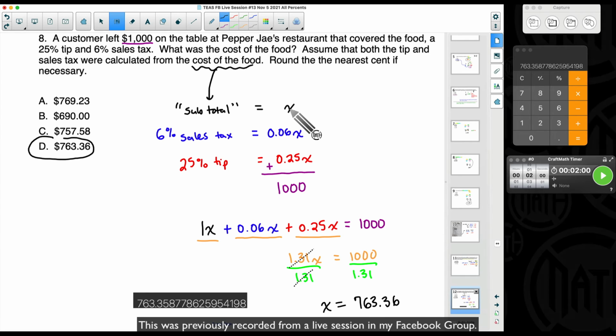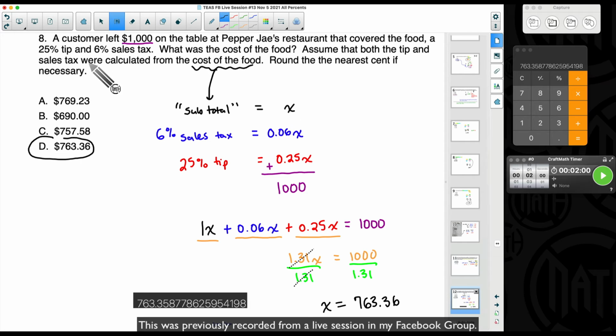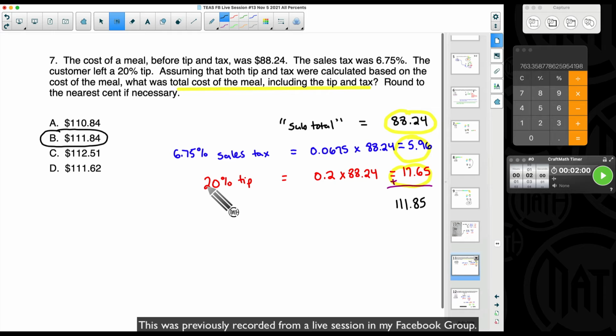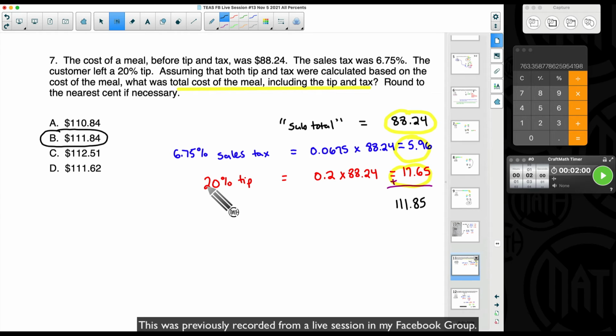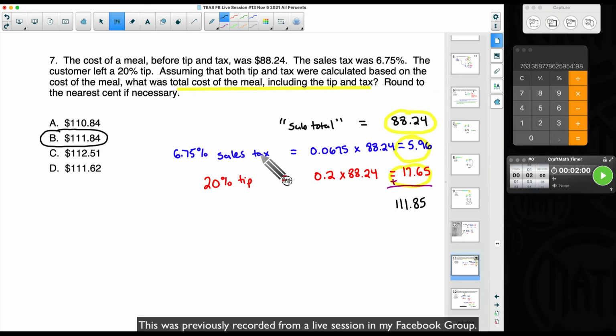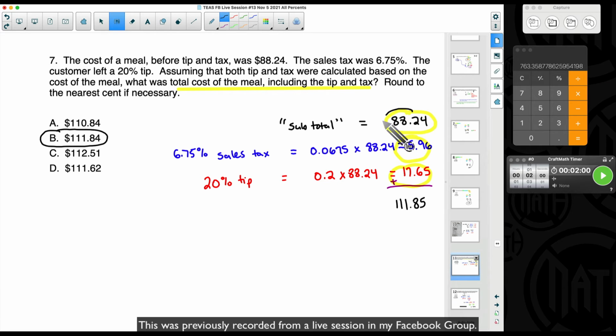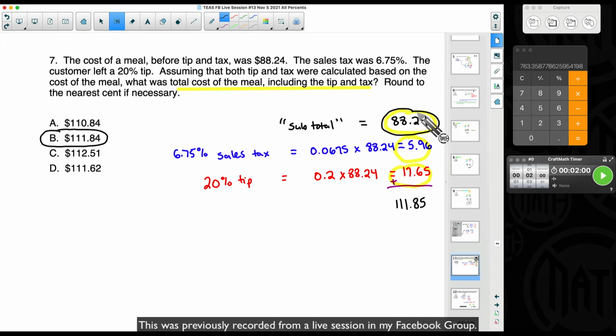And what does x represent? The subtotal. You cannot find 25% of 1,000 and 6% of 1,000. When y'all get these notes tonight, go back and look at these two problems very carefully. The way you find sales tax and the way you find tip: you multiply those percentages by the cost before the tip, the cost before the tax.